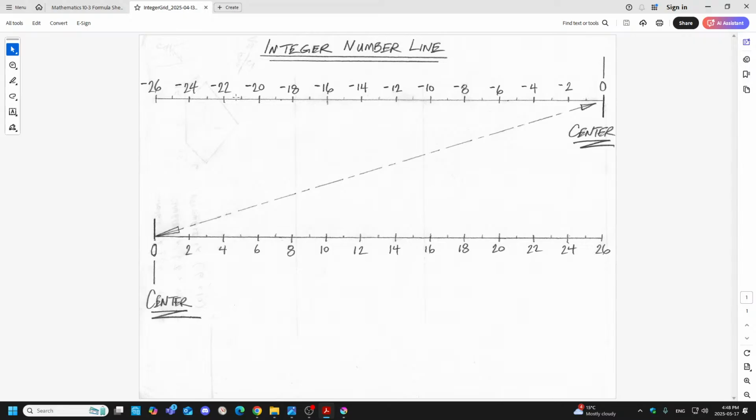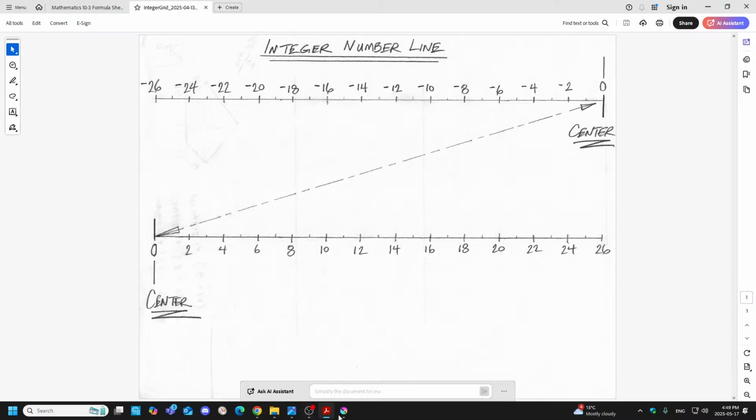So here I have negative 26. To get to 0, I need 26 positive jumps. I'm not counting these ones, but I need 26 jumps just to get to 0. So if you recall that in your head, you just visualize, okay, I'm at negative 26. I need 26 jumps.